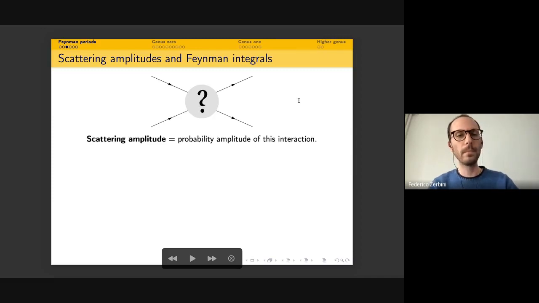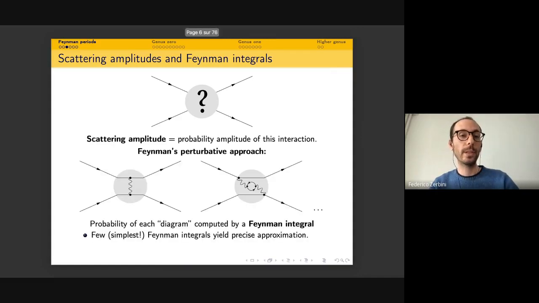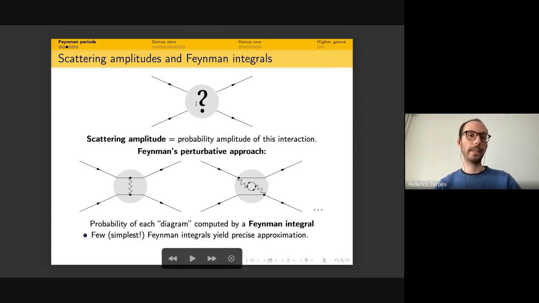And to compute them, or let's say to approximate them very precisely, what you do is to follow Feynman's original approach, which is still the most effective method to do so. It's a perturbative approach. The idea is that you take into account every possible thing that may happen in here.